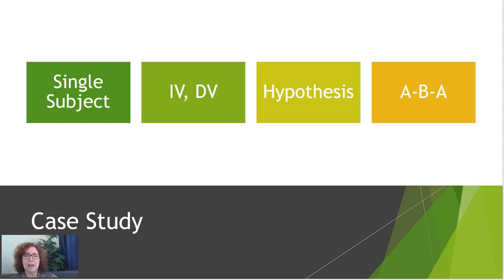I put ABA in this last orange box just to mention this is beyond the scope of the class, but typically when you do a case study, you have an A condition, which is the presence of the water, let's say before you go to bed. Then you have a B, which is taking away that condition and seeing the effect on the dependent variable, and then you go back to A again.